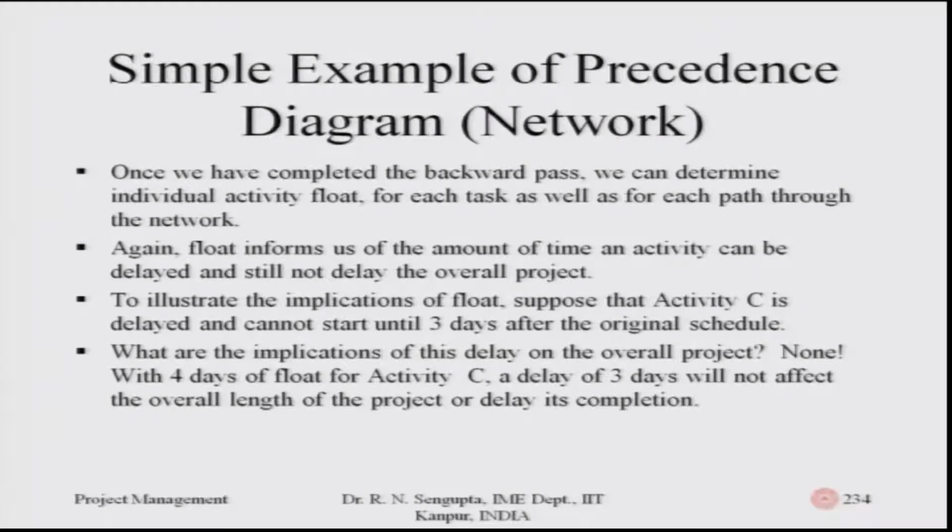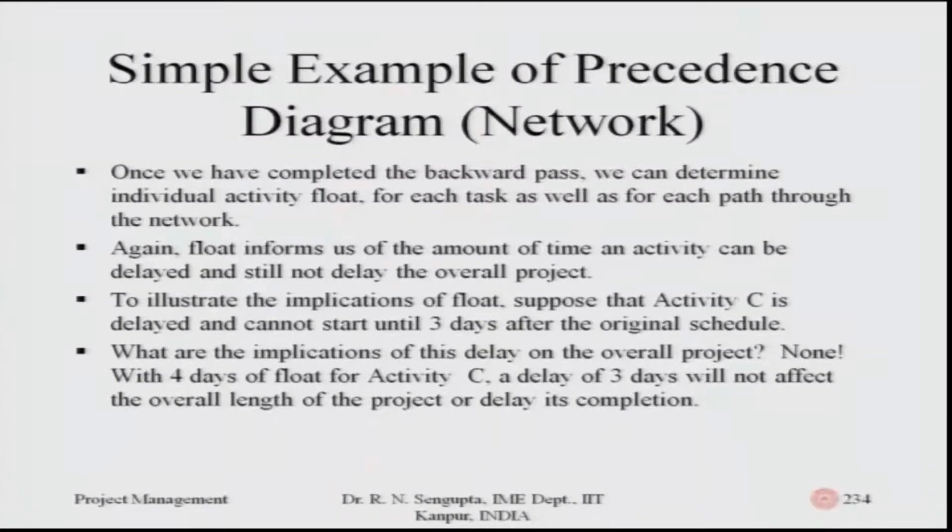Again, float informs us of the amount of time an activity can be delayed and still not delay the overall project. To illustrate the implication of float, suppose that activity C is delayed and cannot start until 3 days after the original schedule. Those concepts, how they are done, what the third bullet point basically means, if you refer back to the last slide, which is the 233rd slide, you will understand how it makes sense.